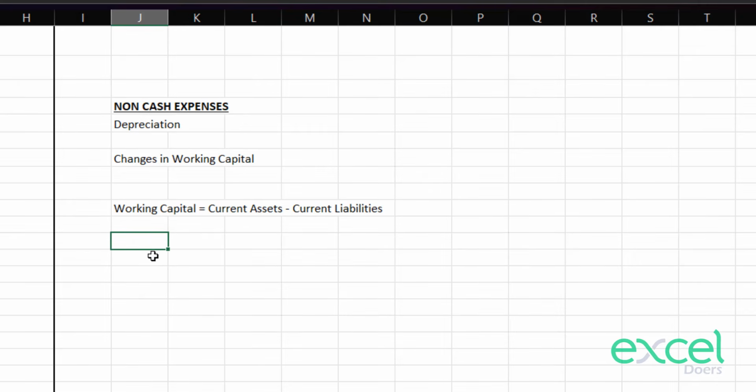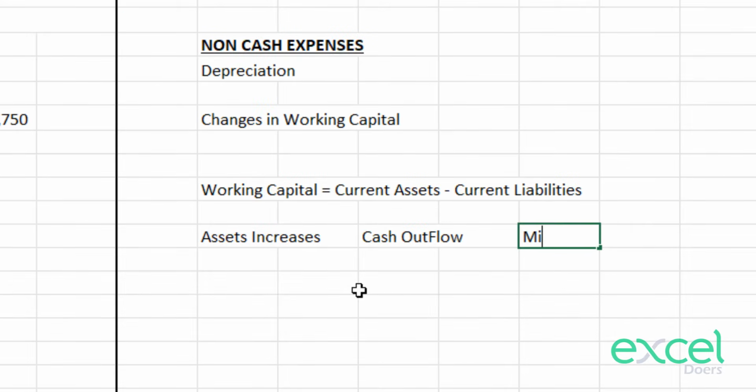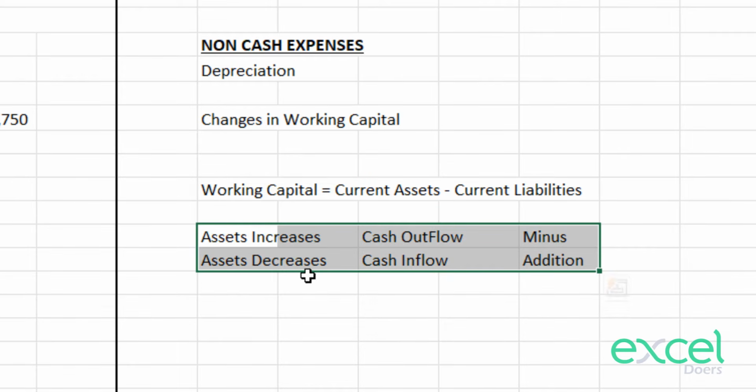So when an asset increases, whenever you acquire an asset, cash outflows. That means minus. And if assets decrease, then cash inflow, addition. Understand this point.